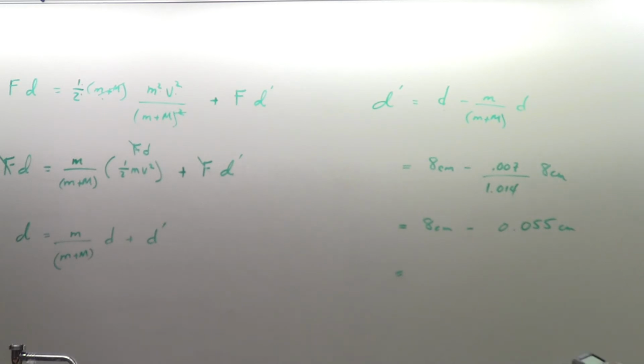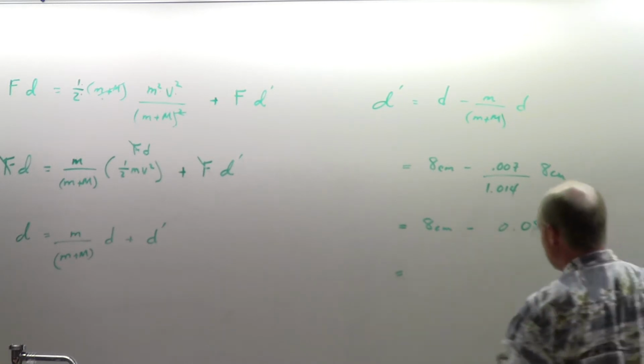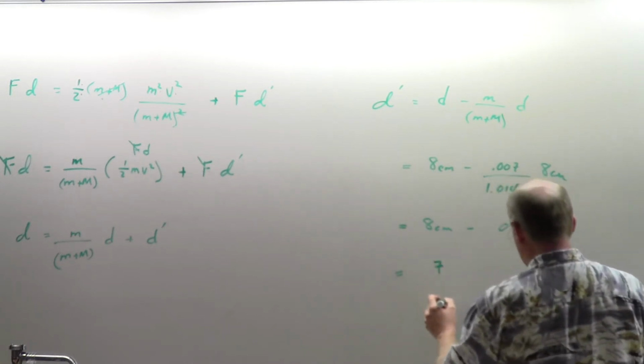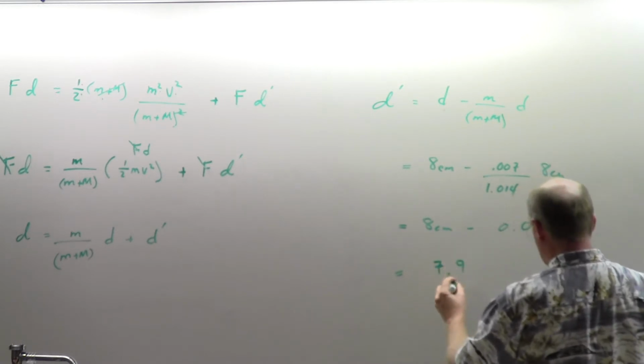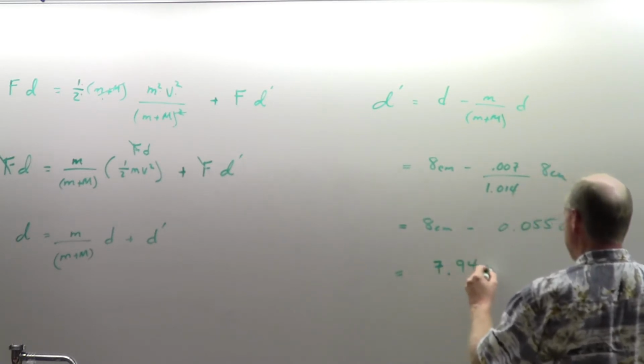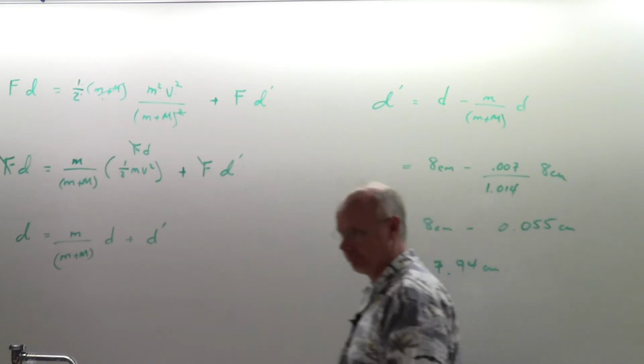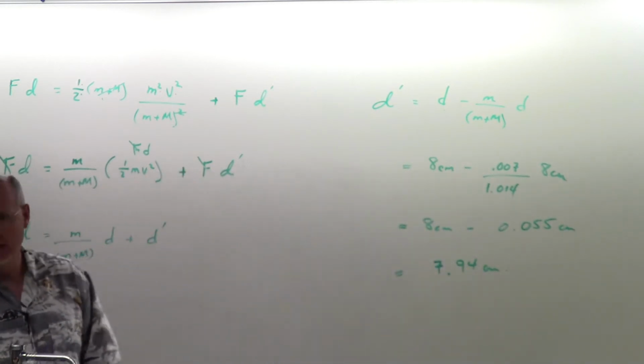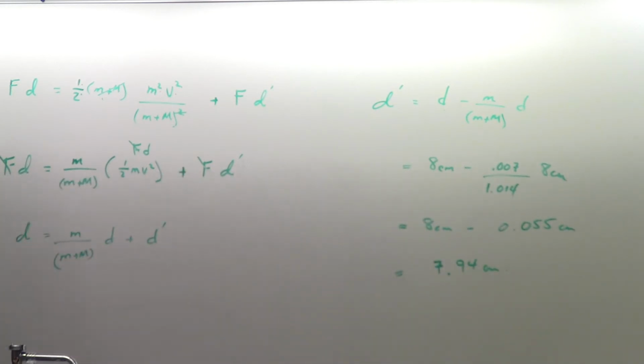That small? Okay. I thought it would be a little bigger than that. But I guess they gave me a pretty heavy block. And so even though it's not clamped with a vise, it's still going to be pretty sluggish to make it move. It's just got a lot of mass compared to the bullet.